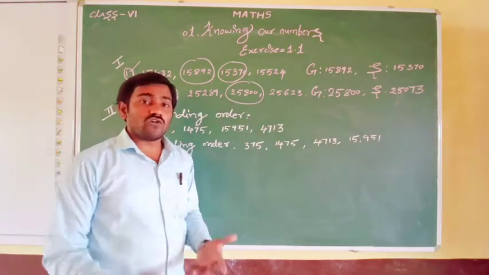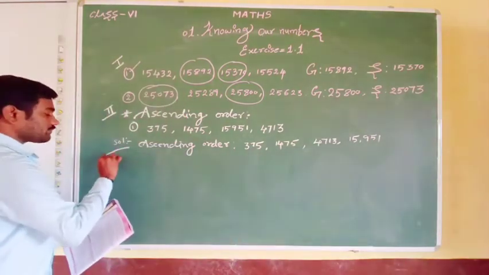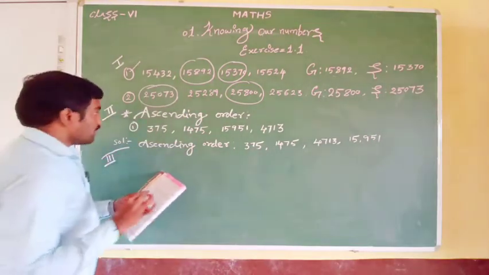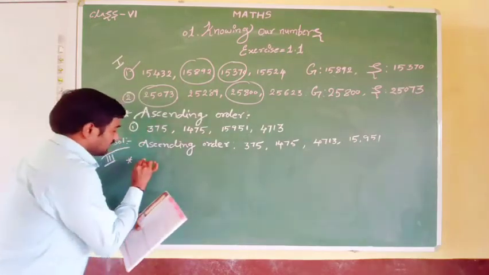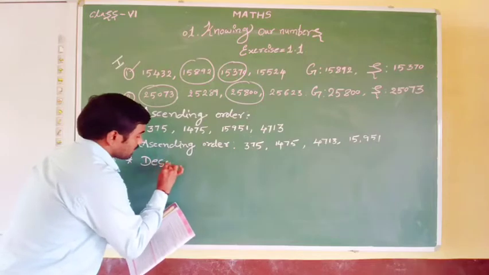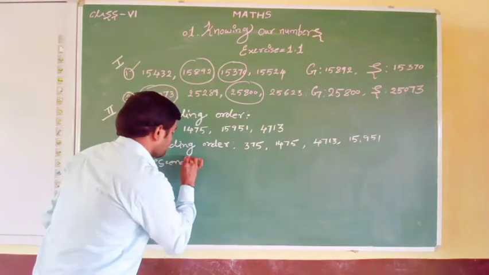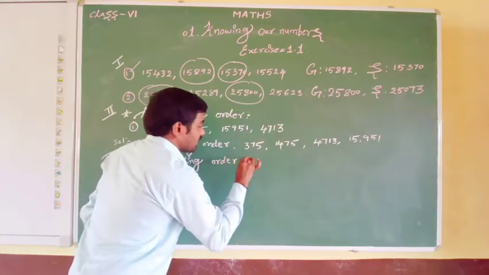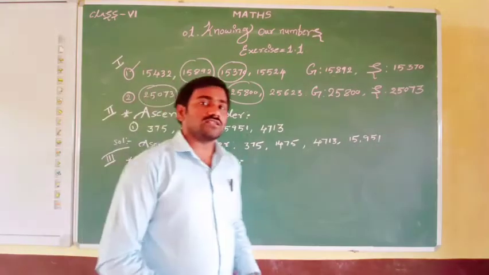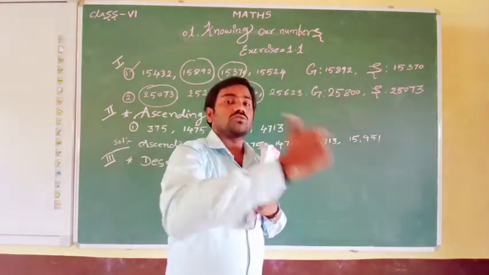So let me go for arranging the numbers in the descending order. That is our third bit. What we need to do here is arrange the numbers in the descending order. Descending order means arranging numbers from greater value to smaller value.